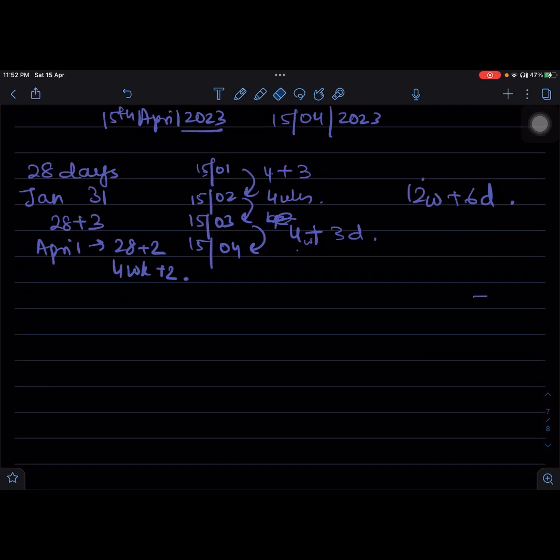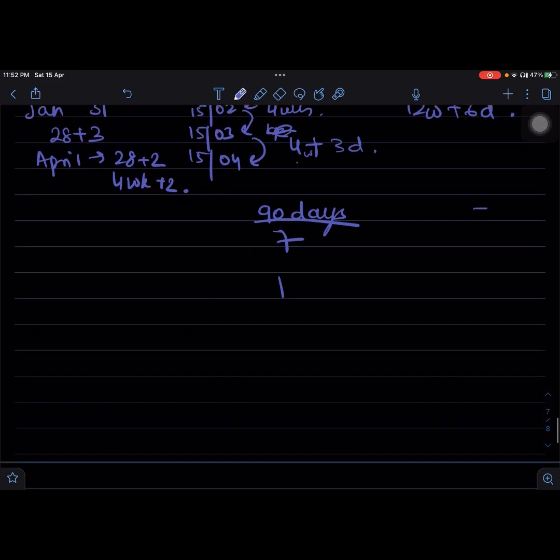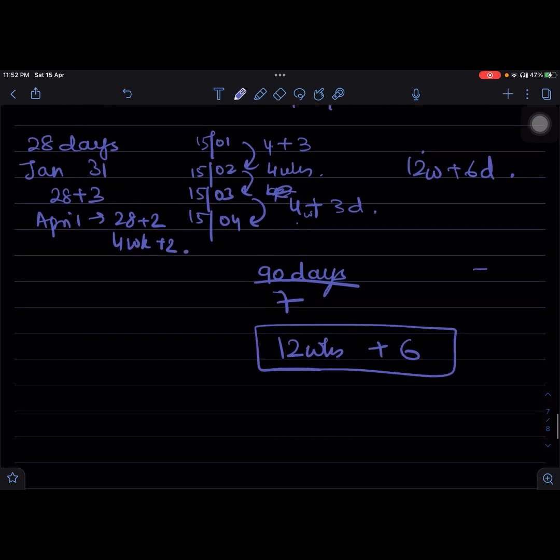Another method is that you simply calculate the number of days between the LMP and the day that you're calculating it. So this is coming out to be 90 days, and you divide it by 7, because that is the number of days in a week. So if you do this, you will get 12 weeks plus 6 will be your remainder, so 6 days. That is how you calculate the POG for this person.